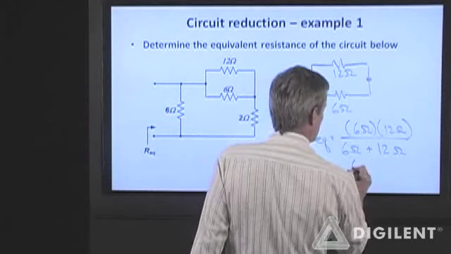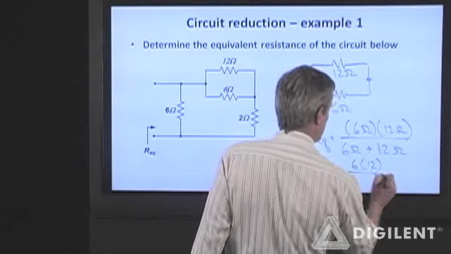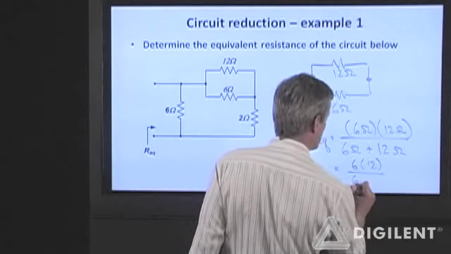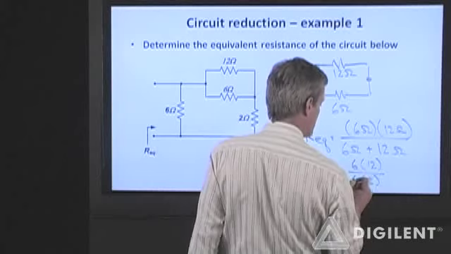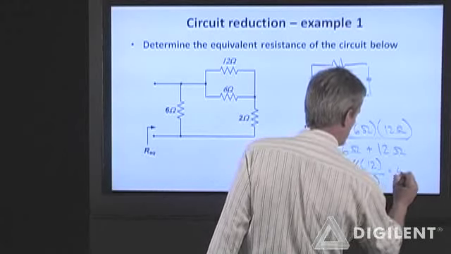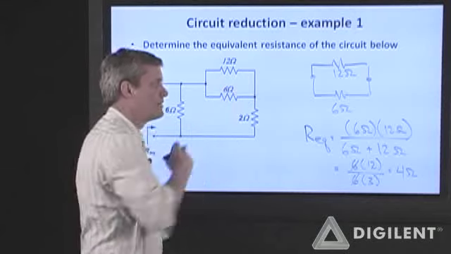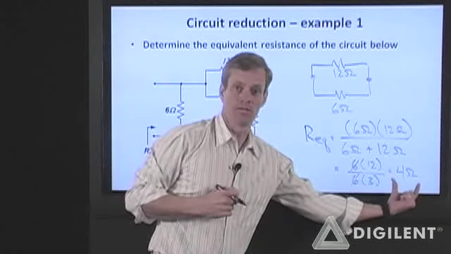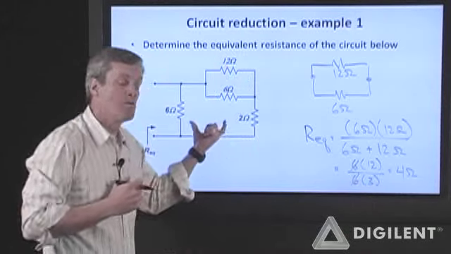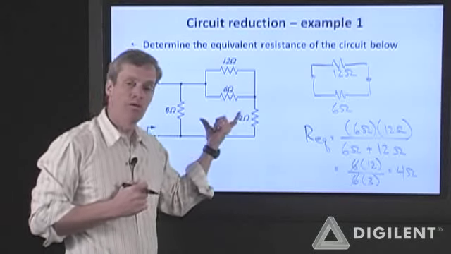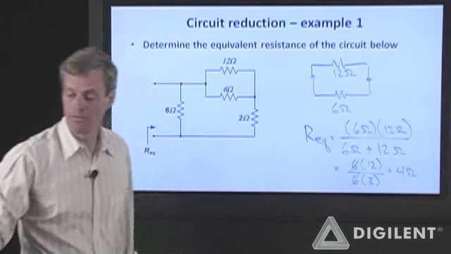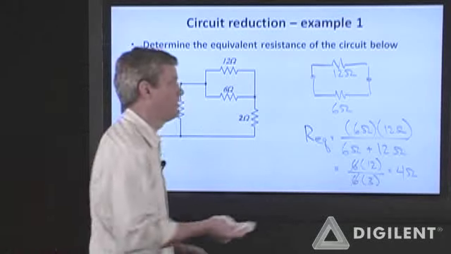So this becomes 6 times 12. 12 is 2 times 6, so this becomes 6 times 3. So that becomes 4 ohms overall. I can take these two resistors and replace them with a single 4 ohm resistor. I'm going to redraw the circuit because that will help me identify other combinations of series and parallel resistances.